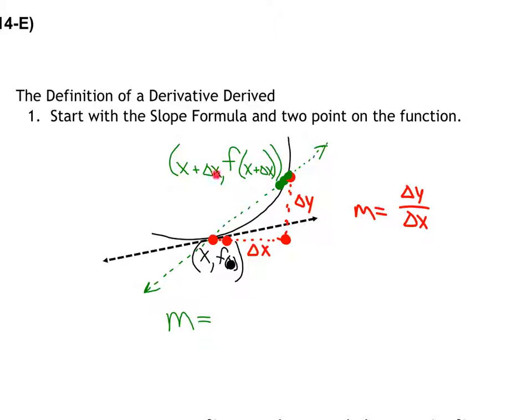Now, if I move my x over this much, then I have to find the y-coordinate by evaluating at this new value of x, okay? So here's a new point right here at x plus delta x, f of x plus delta x, all right? And you guys can see the slope, as always, is delta y over delta x, okay? But let's rewrite this slope in terms of the point that we've got here, okay?